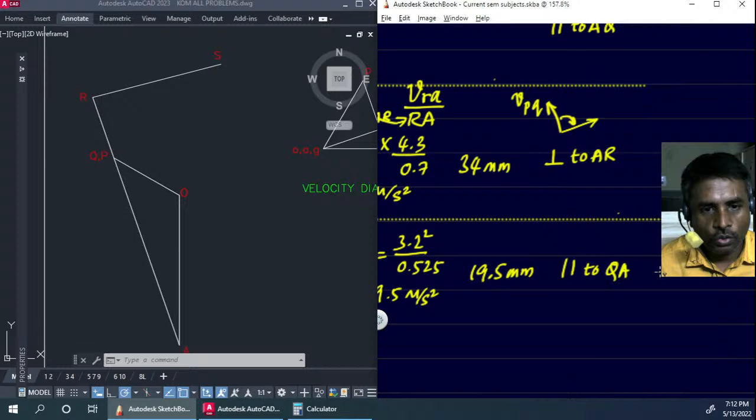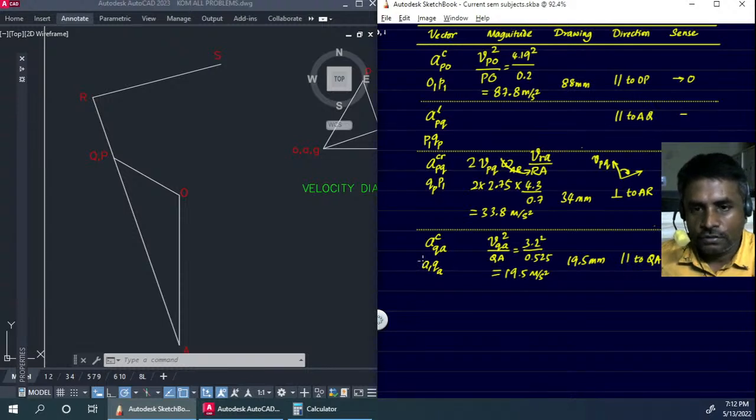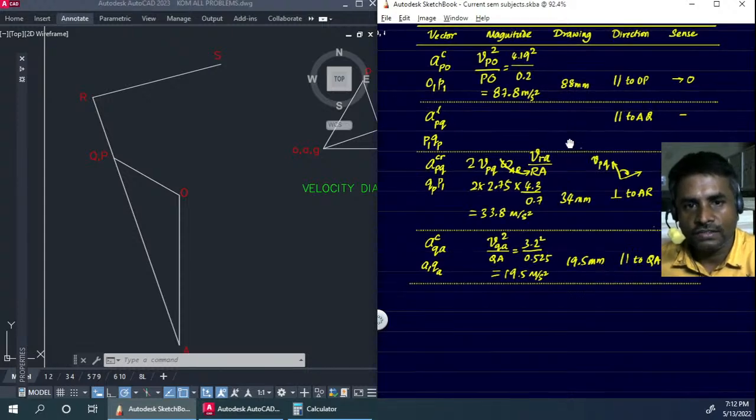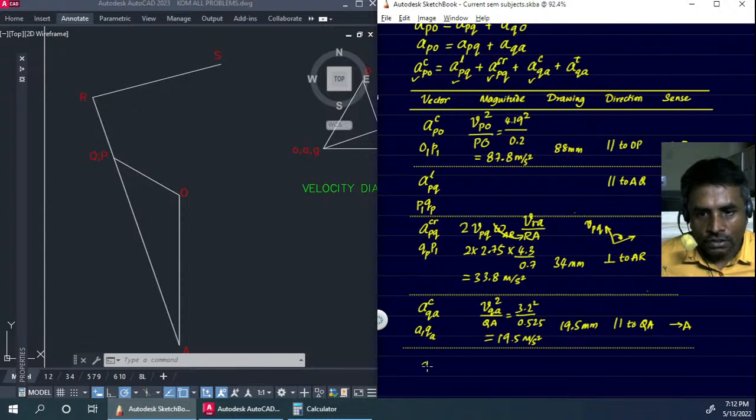Sense will be towards the fixed point, towards A. Okay, so now that we have defined this, let's see what other accelerations are left. So we have defined all three, we've calculated this, and now we are only left with this particular acceleration, that is tangential acceleration of q with respect to A.